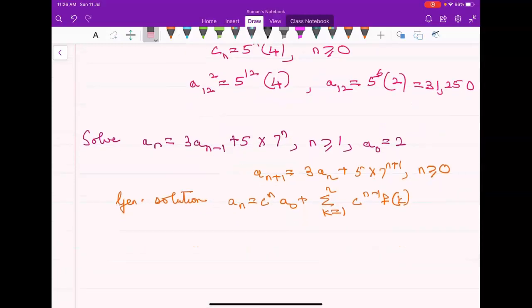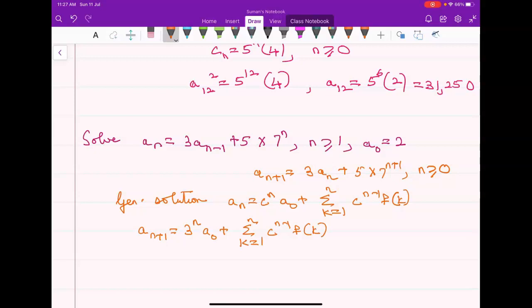So in this case, your a_n would be equal to, c is 3, so this would give you 3 raised to n a_0 plus summation k taking value 1 to n c raised to n minus k f(k).